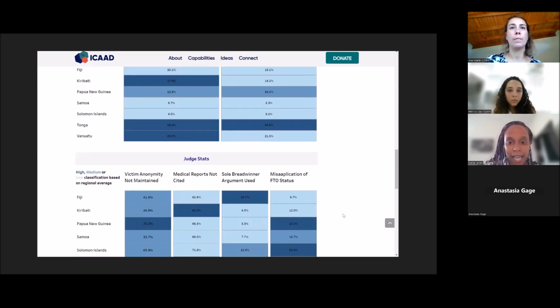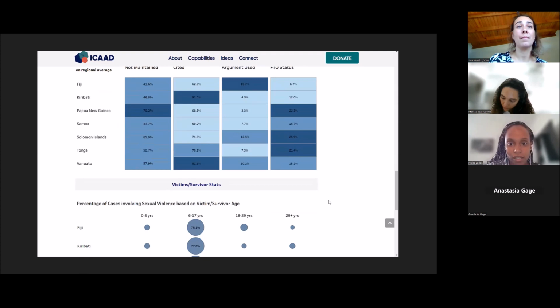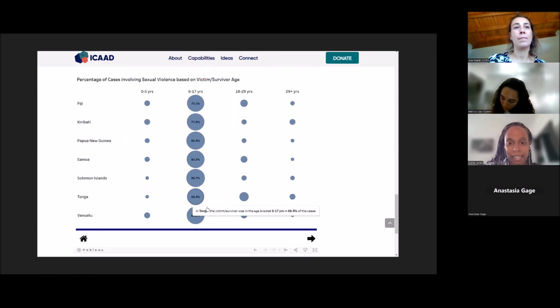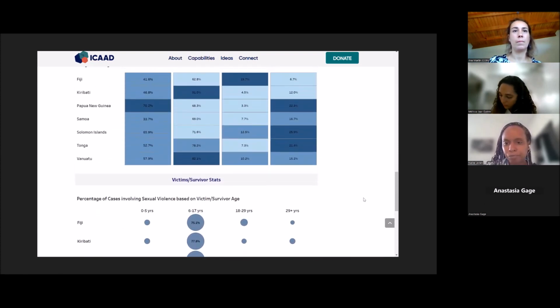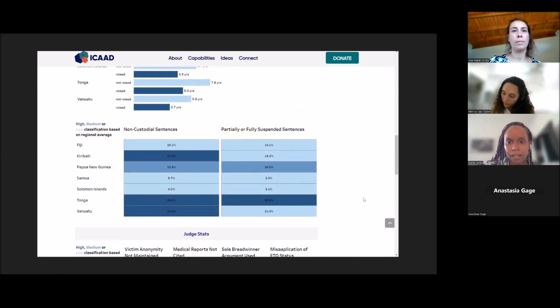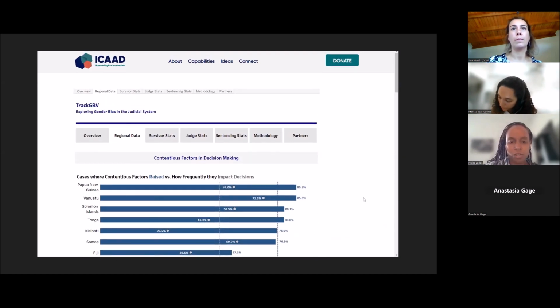This allows the utilization of the data: what is the judge willing to look at as elements to make a case or to reduce sentences for perpetrators of violence.